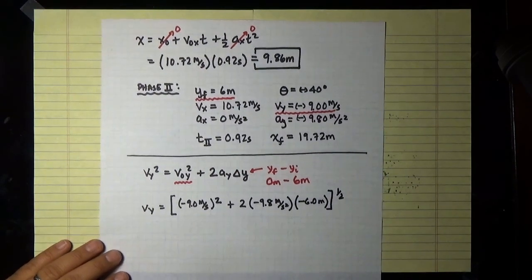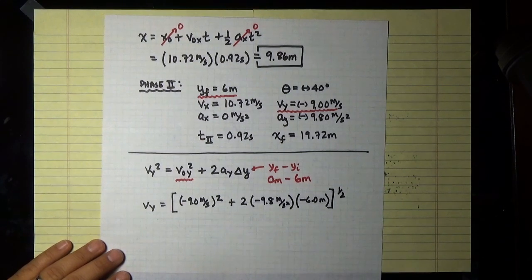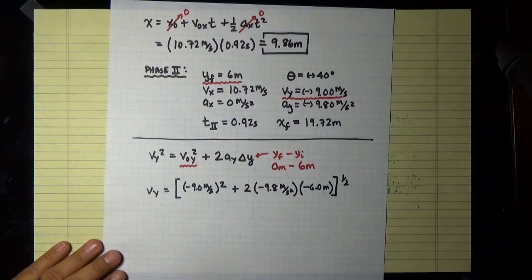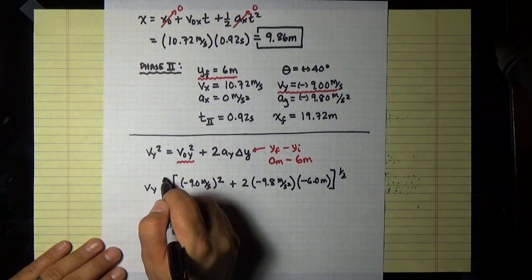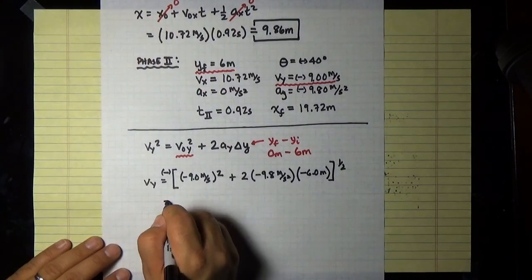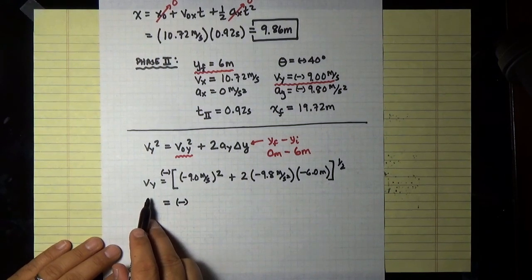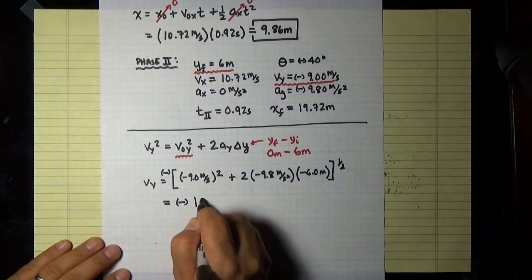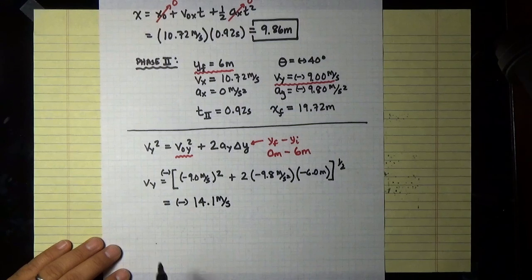I've taken a square root here, and when you take a square root you have to make a sign choice as to whether it is positive or negative. In this case it has to be negative because my Vy is going to be downward. So if I plug in all of those numbers, I find that the final y velocity at the moment I enter the pool is minus 14.1 meters per second.